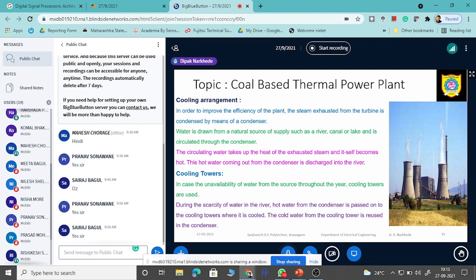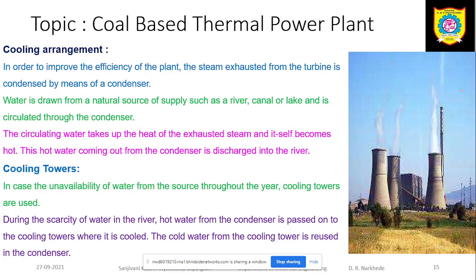Chimney is different thing. Okay, near to factory. Chimney is different thing. Say here, this is my chimney, and these three are called as cooling tower. Okay, chimney is different thing.